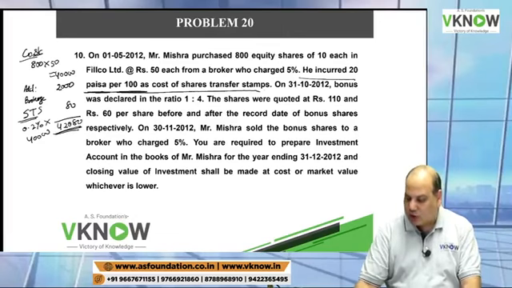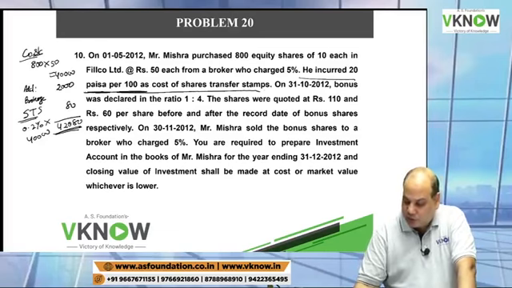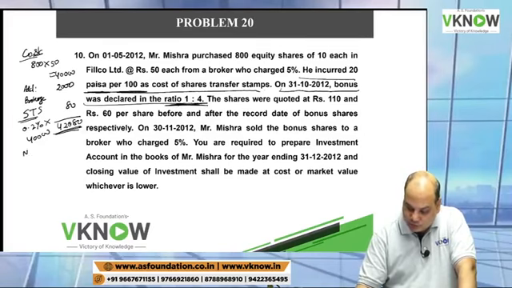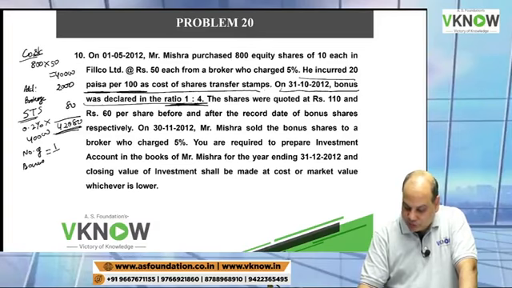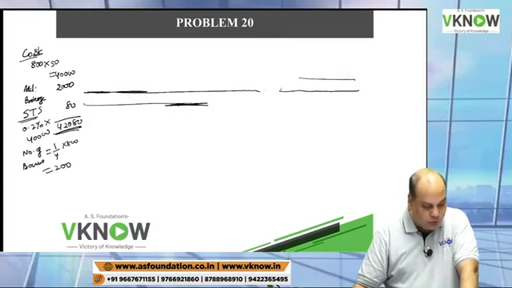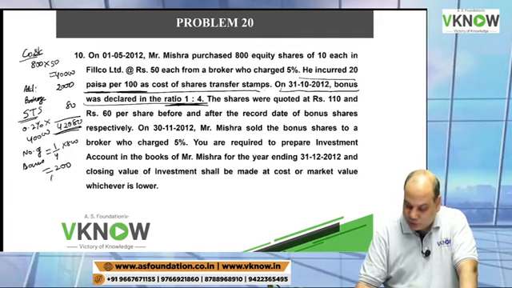You can see in your answer 42,080 is there. This is how you will prepare the working note. On 31st October, bonus share was declared in the ratio of 1:4. So number of bonus shares received is 1/4 into 800. That is 200. Bonus shares received: 200.